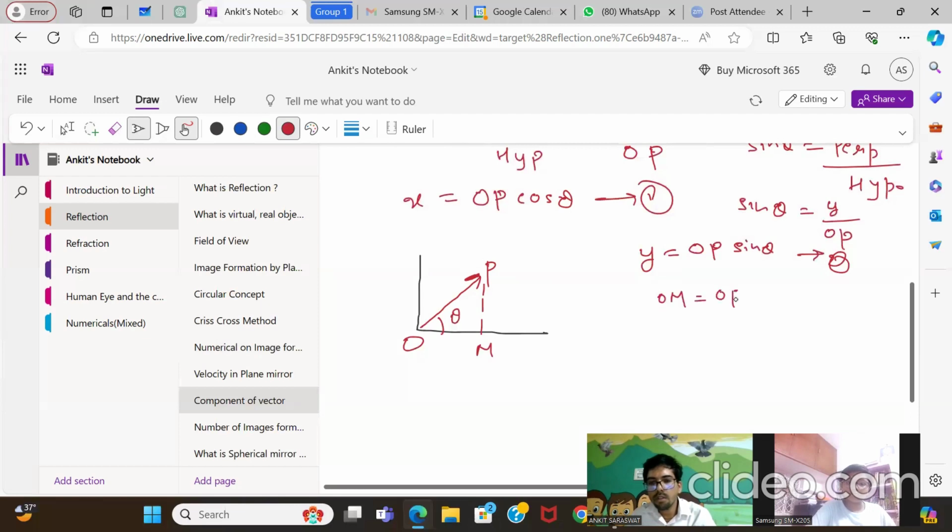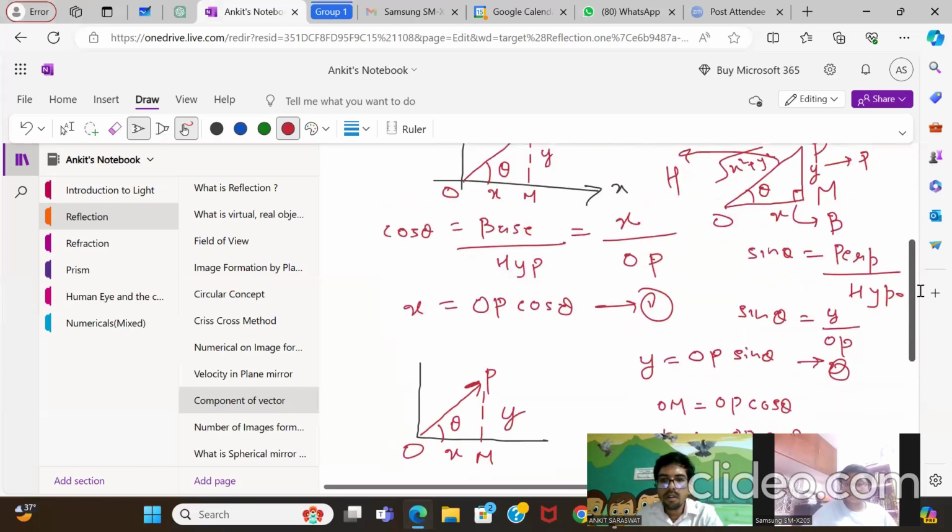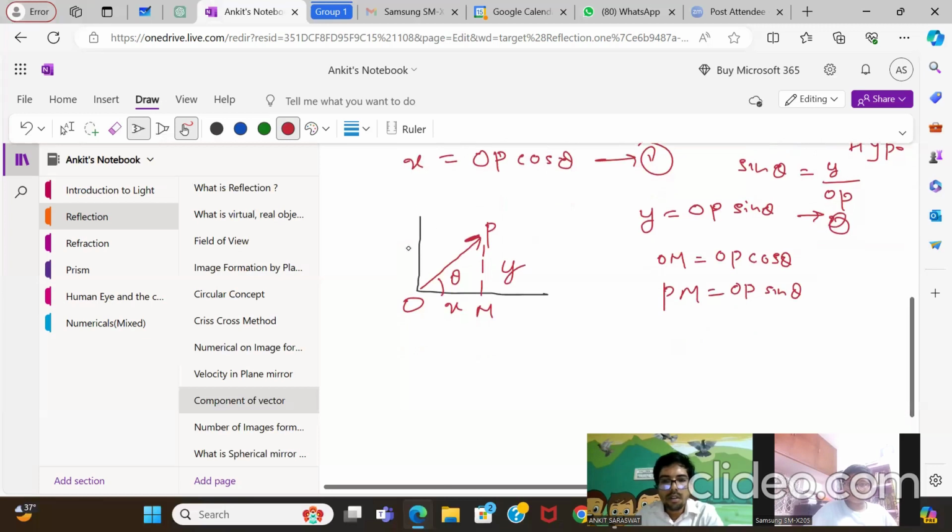OP cos theta. How much is PM? OP sin theta. X or Y, simply I'm asking. This is X. This is Y. Just now we have calculated. Can I say this is also Y? This is also Y.